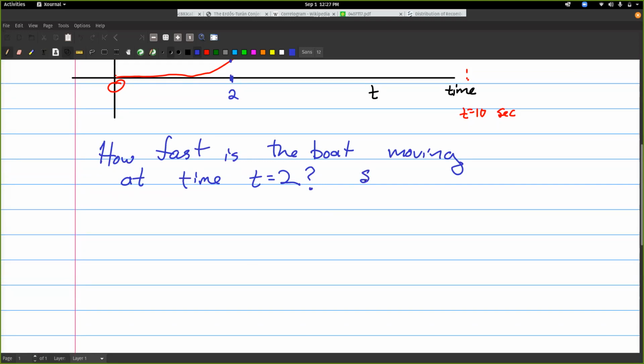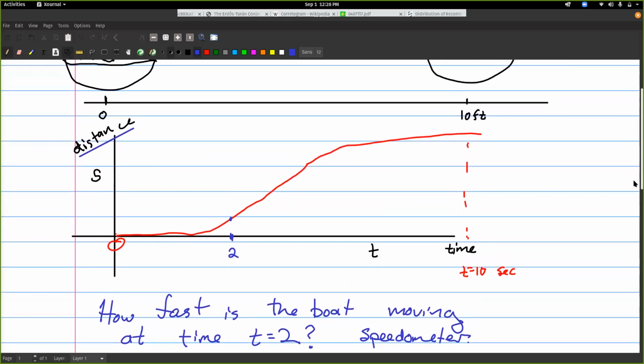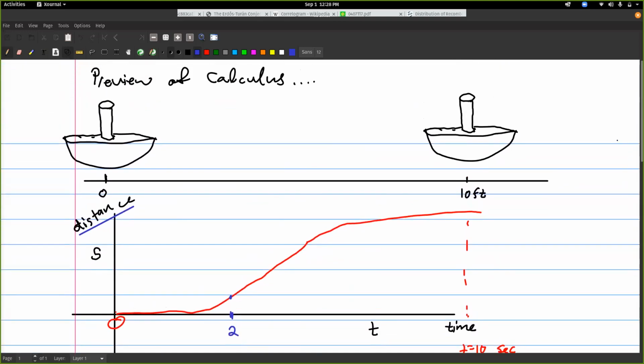So you can imagine what we want to do is sort of look at the speedometer of the boat, if it had one. So one thing you might look at when asking this question is, how did they do it in actual boats? And I happen to know that we have one student here from the Coast Guard.